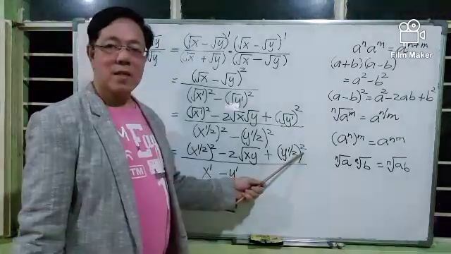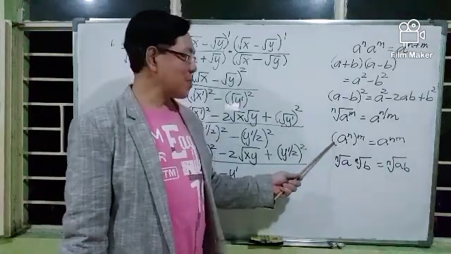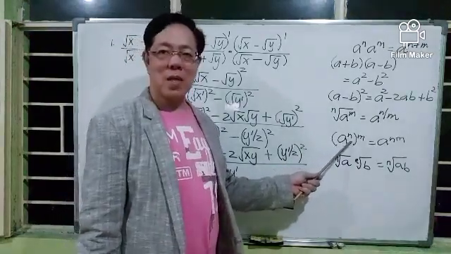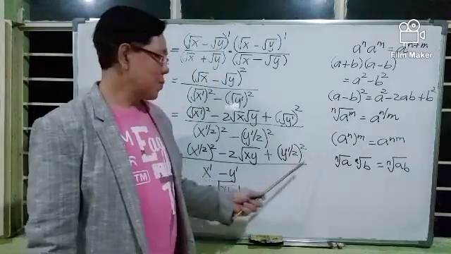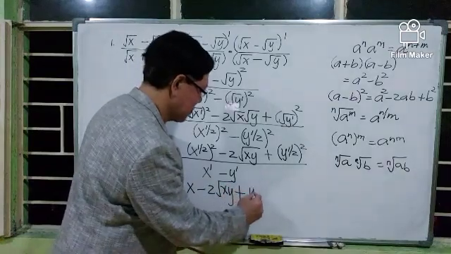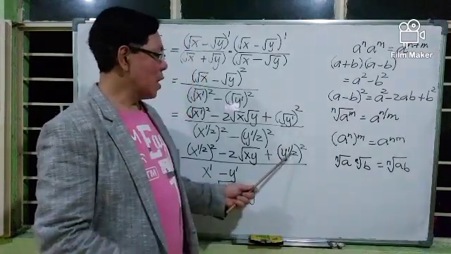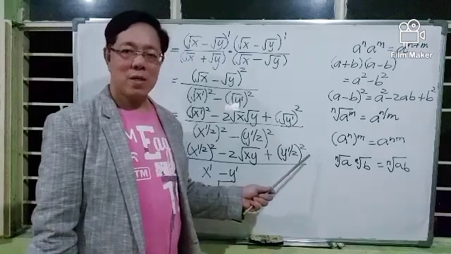again, to simplify the square of y raised to 1/2, we apply this property of exponent. We multiply the exponents n and m, multiply 1/2 by 2, and we get y raised to 1/2 multiplied by 2 is 2 over 2 or 1.